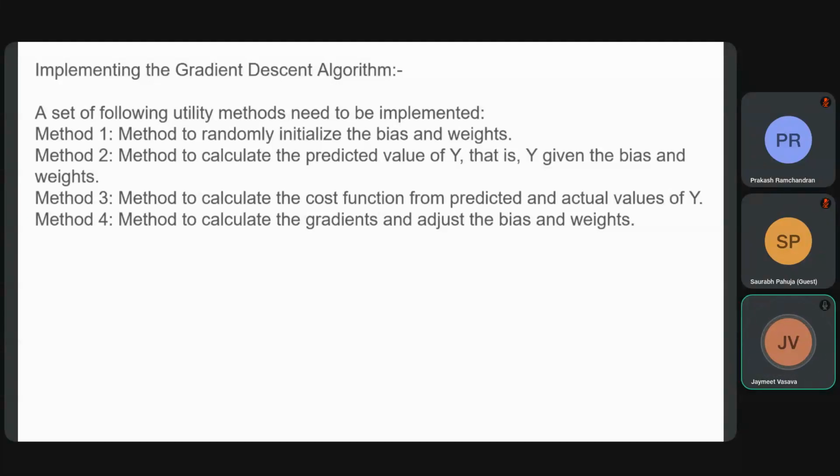Then a method to calculate the predicted value of y given the bias and the weights. Then a method to calculate the cost function from predicted and actual values of y, and a method to calculate the gradients and adjust the bias and weights.